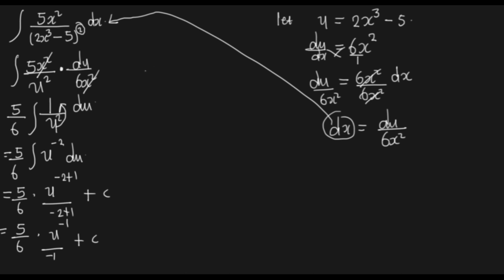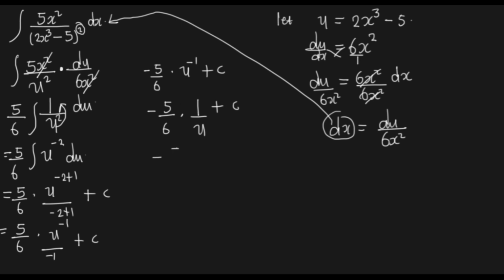This will give us negative 5 over 6 times u to the power negative 1 plus c. Then we need to move the u variable to the denominator so that we change from negative to positive. So this means negative 5 over 6 times 1 over u plus c.